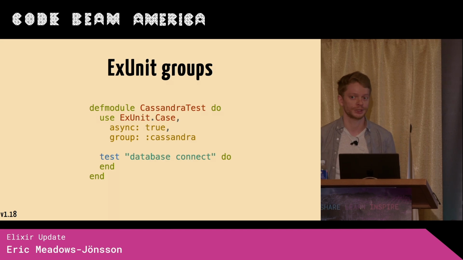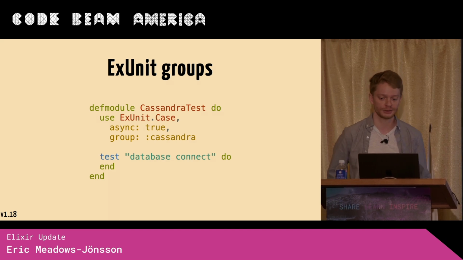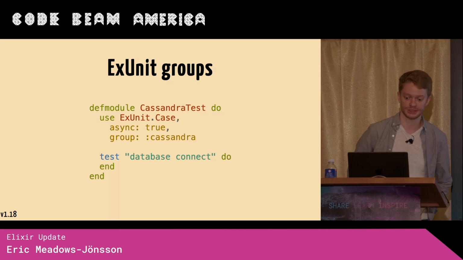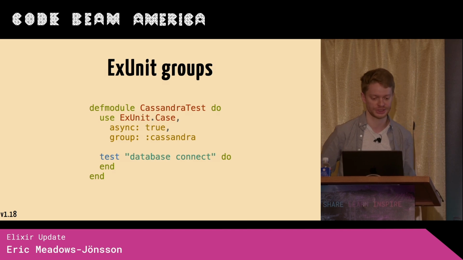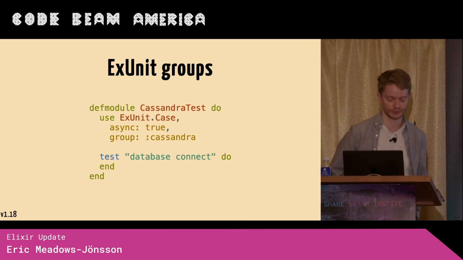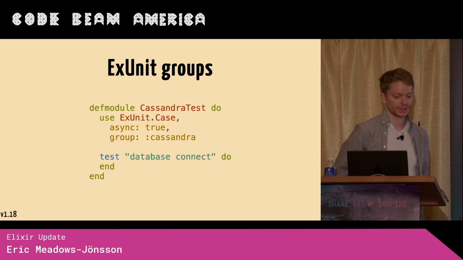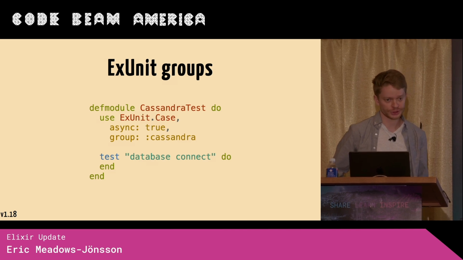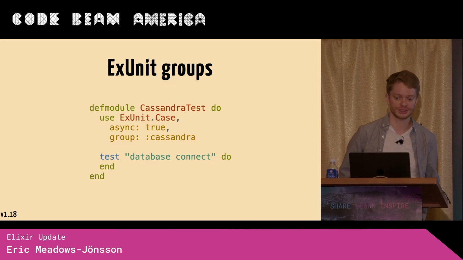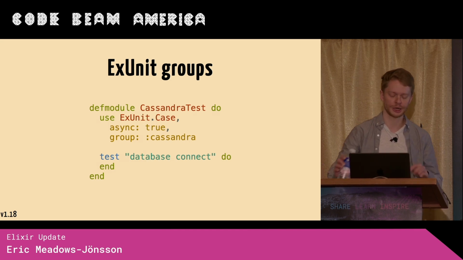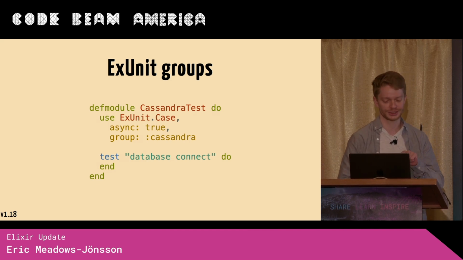And that's helpful when we're testing things with shared state. For example, databases that don't support transactions is a good example of that. The trouble with that, though, was that it forced you to put all of those tests into the same module, which could make code organization a bit difficult.